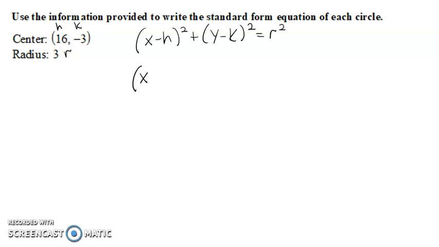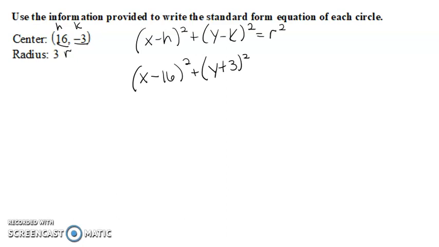Now remember, whenever you're identifying the equation, you are going to flip the signs of each of your h and k's. So if I have an h value of positive 16, inside the equation it is going to be x minus 16 quantity squared. And then y, if my k is negative 3, is going to become y plus 3 quantity squared.